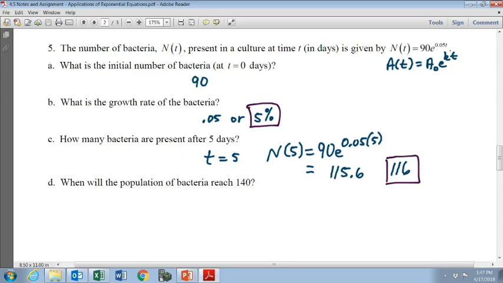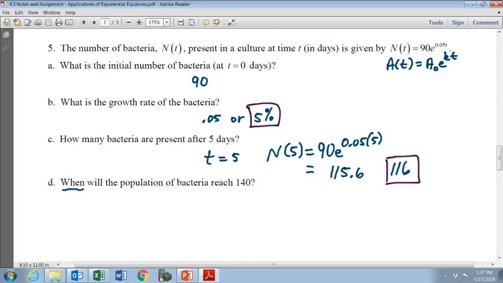Let's look at D. It says, when will the population of bacteria reach 140? We have an initial amount of 90, and we want to find out how long it takes for the population to reach 140.